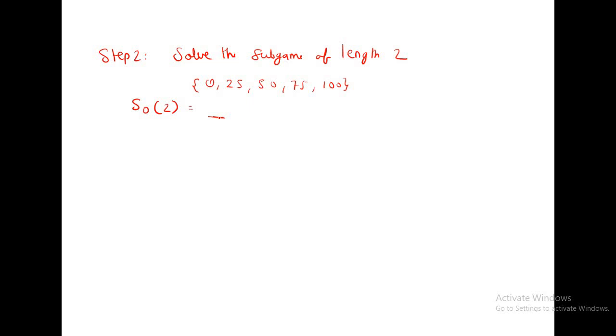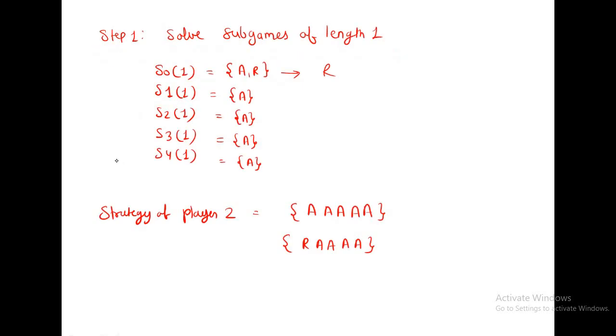So in the previous slide we have calculated the two strategies. This one is the first strategy of the player 2 and this one is the second strategy of player 2. So we need to consider these two strategies to find out the best action for the player 1.